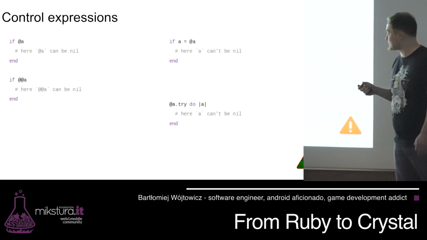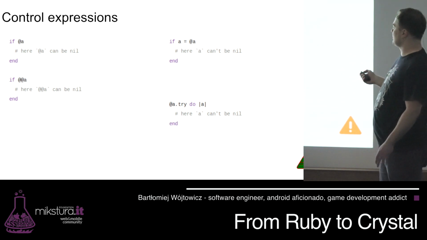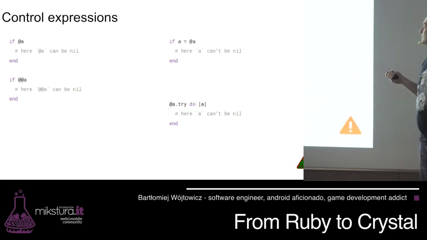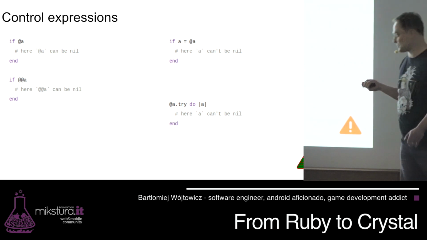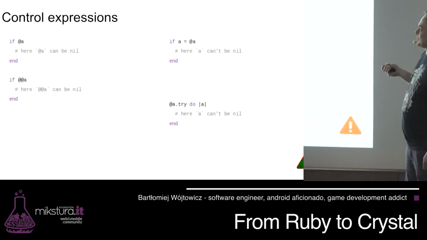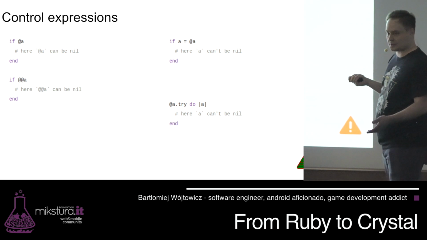And control expressions. Okay, so this is something I like to point out. And if you need to remember only one slide from this presentation, it should be this one. Because of the concurrency model in Crystal, it's possible that if you check here, this only applies for the instance and class variables.